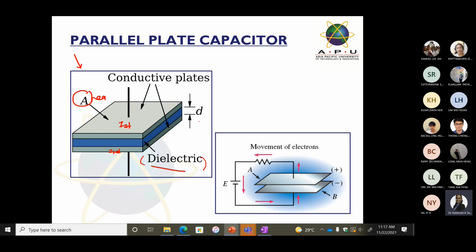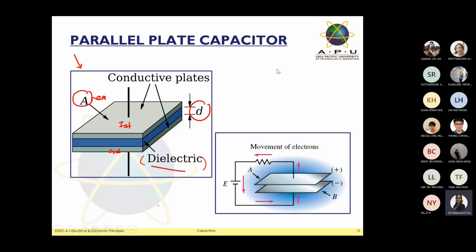The same goes for the letter D, which is based on the thickness of the dielectric. So there is a difference when you have a lesser or smaller thickness. Between the layers, this also affects the movement of the ions, the positive ion or the negative ion.